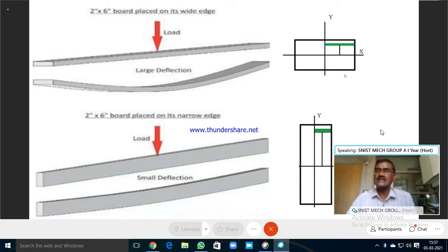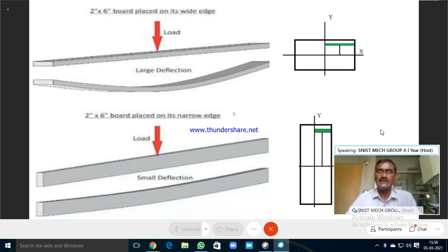Here it is less. Here it is more. That is the reason it is stronger section with orientation, I can say. Okay. Stronger section with the proper orientation. Orientation is also important. Okay. You can observe that depending upon the orientation, how it is going to change.